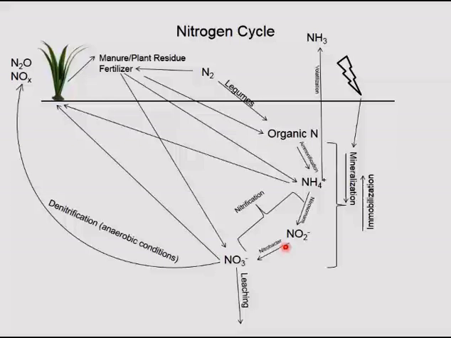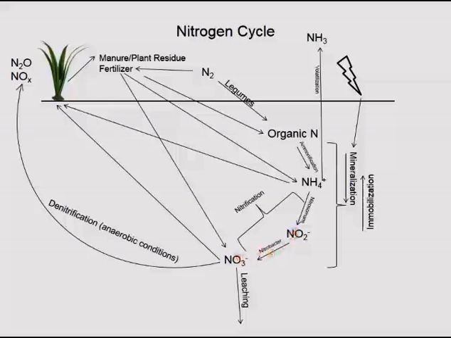So this two-step process from ammonium to nitrate is called nitrification. And remember, our soils favor this reaction, and so we don't tend to have a lot of ammonium in our soils because when we add ammonium as fertilizer, it usually converts to nitrate very rapidly.